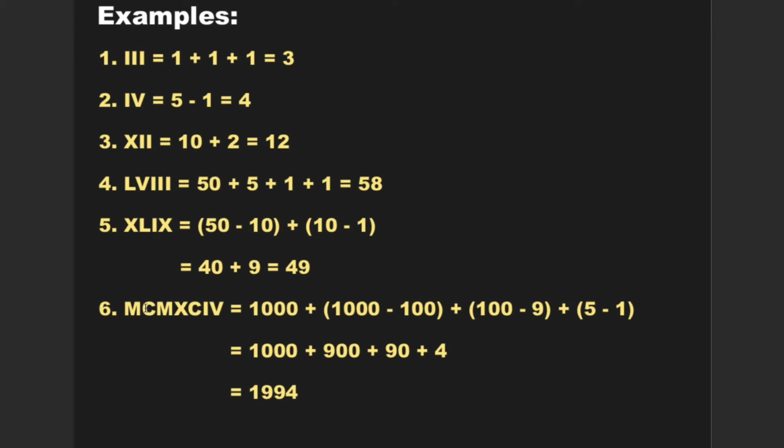So CM together represents 1000 minus 100, which is 900. Similarly, XC represents 100 minus 10, which is 90. And IV, as we have seen in the second example, represents 4. So the total value of this Roman numeral is 1994.